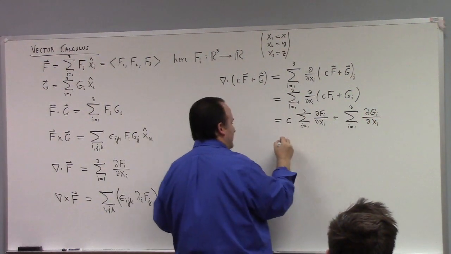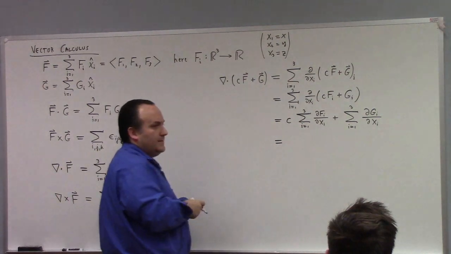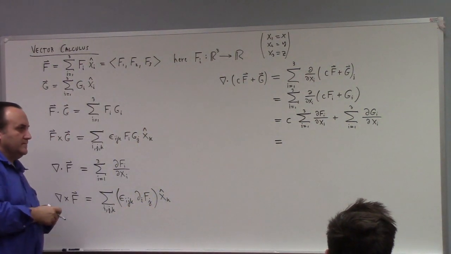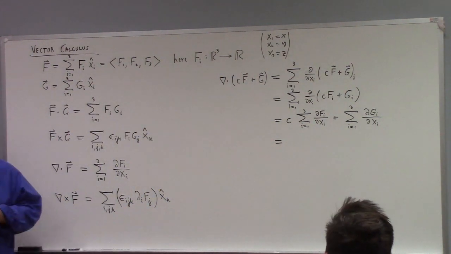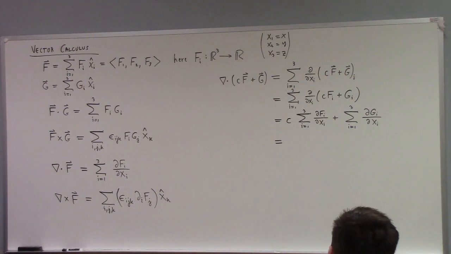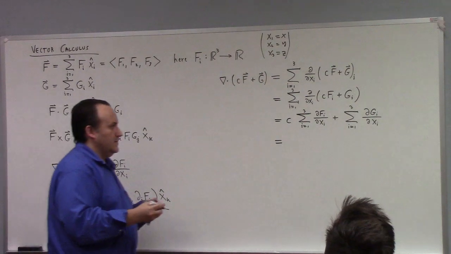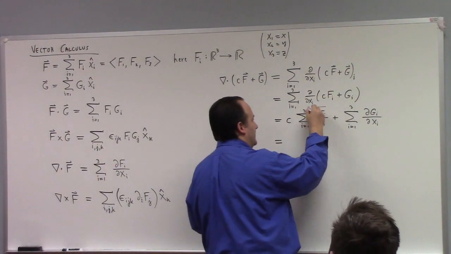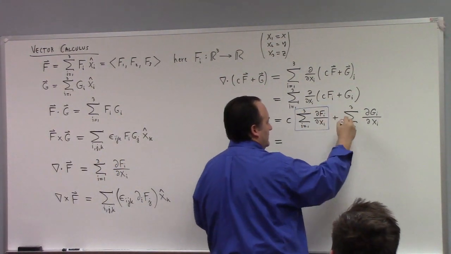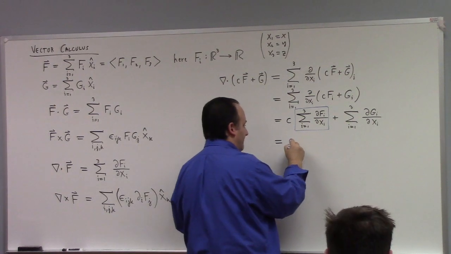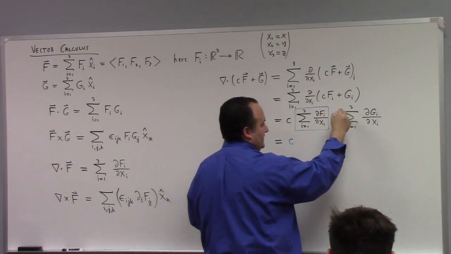But what are we looking at now? Well, let me emphasize what's going on here. What you're looking at is... this right here is what? And what's this over here?